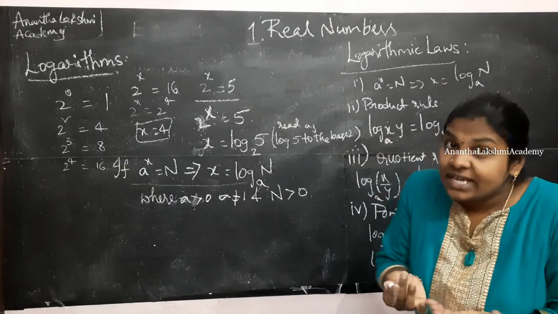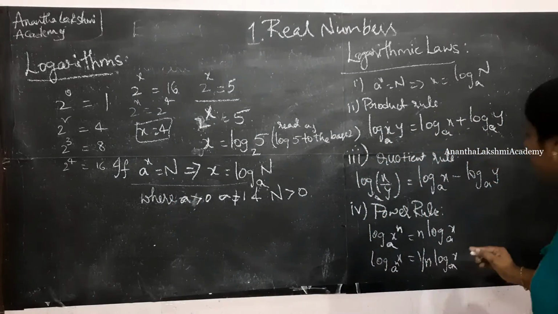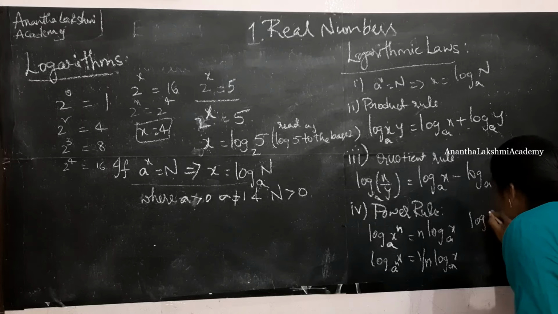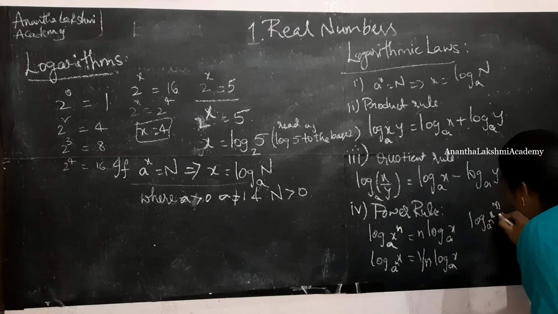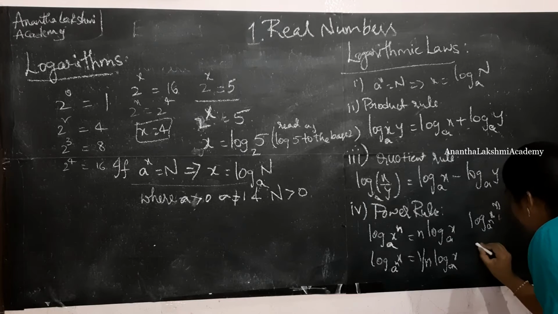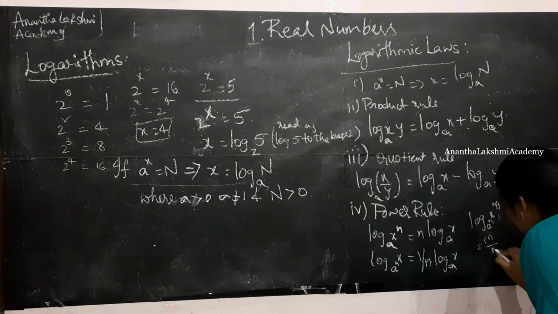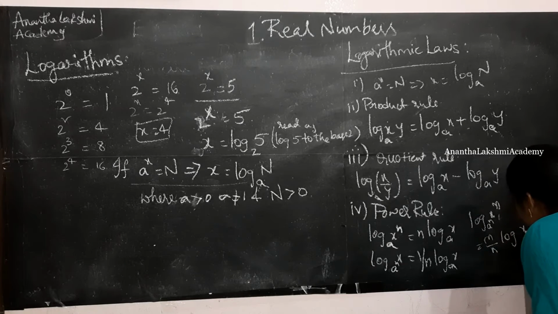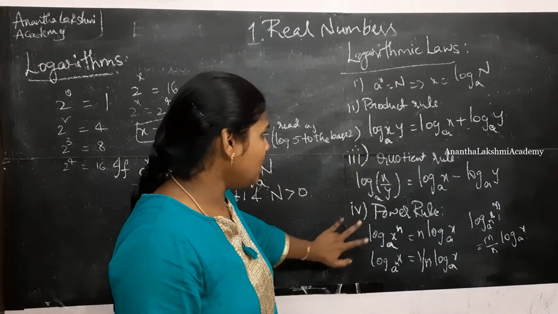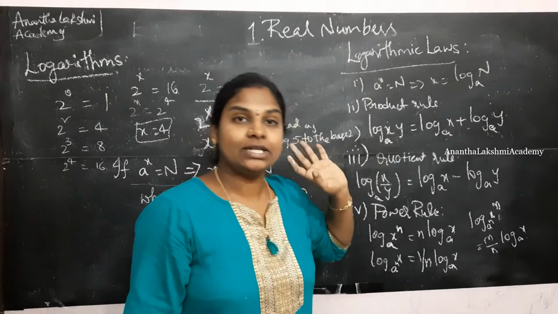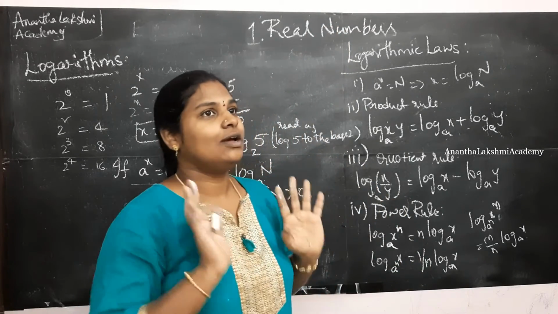Now, what if there is a power on the base and the number? Log x power m to the base a power n is equal to m by n log x to the base a. So these are the very important logarithm laws which you have to remember.